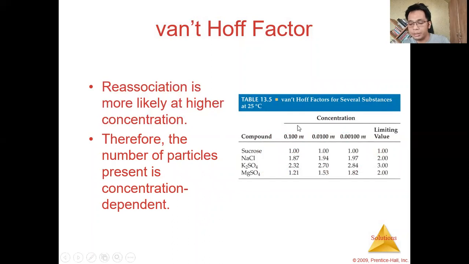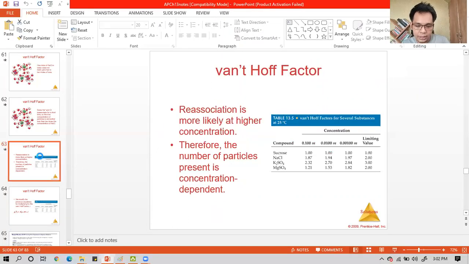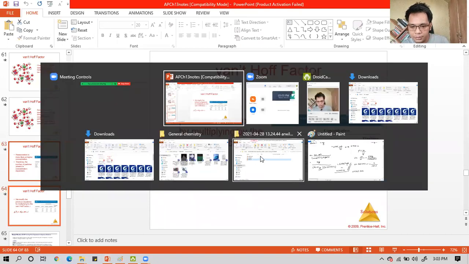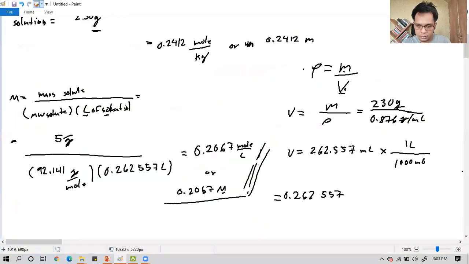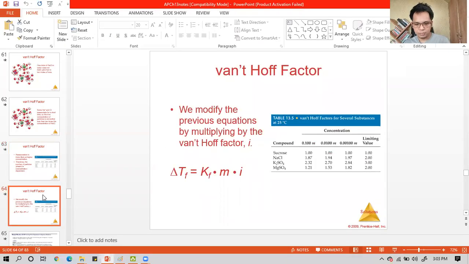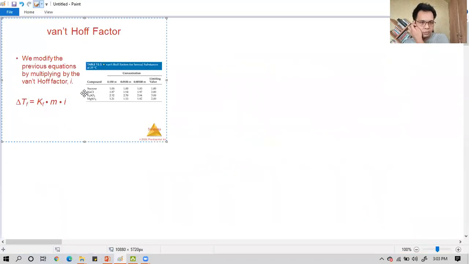So ano ba yung mga Van 't Hoff factor natin na yan? Okay, let's consider this one. Kung mapapansin niyo sa ating equation of the freezing point depression, nagkaroon tayo ng i, which is the Van 't Hoff factor.